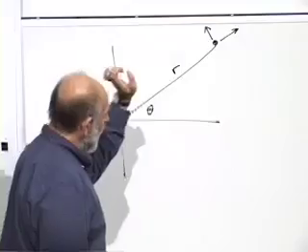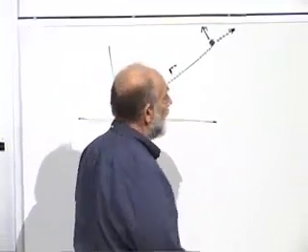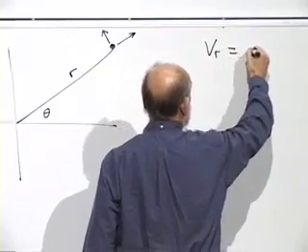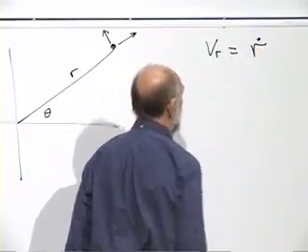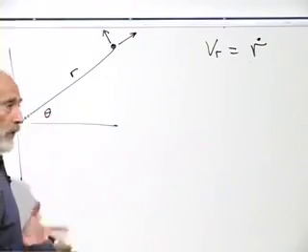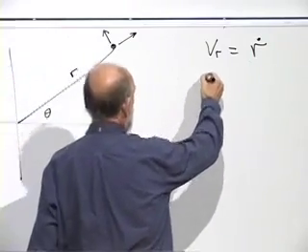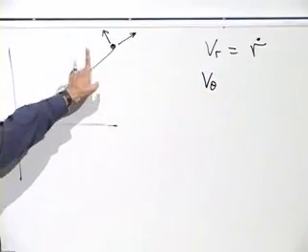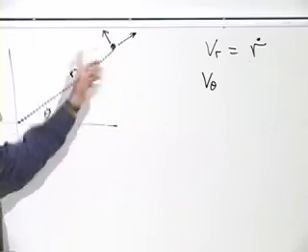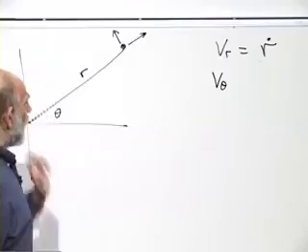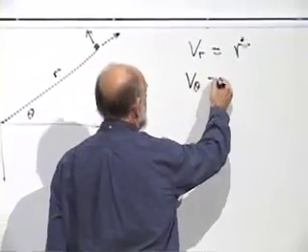The component of the velocity along the radius vector, let's call it v sub r, is just r dot, the time derivative of r. The other component, which I'll call v theta, is the component of the velocity in the direction perpendicular to the radius. That's not theta dot, but it's r times theta dot.